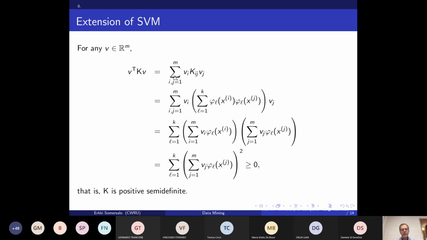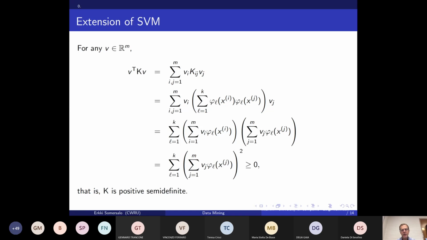Now, if you look at this quadratic form and use the definition of your K_ij, which is given in the second line here, then I reorganize my computation so that I'm first summing over i, giving a linear combination of these components v_i, and then summing over j, which is the linear combination of the components v_j. So you see that in the third row, the expression in the first parenthesis and the second parenthesis are the same, because I'm taking the sum over all points x_j and all components of v_i.